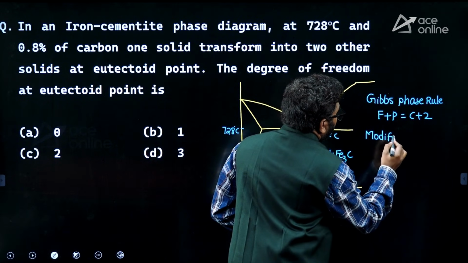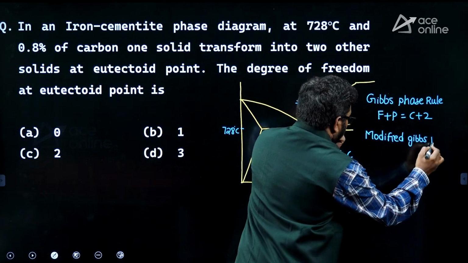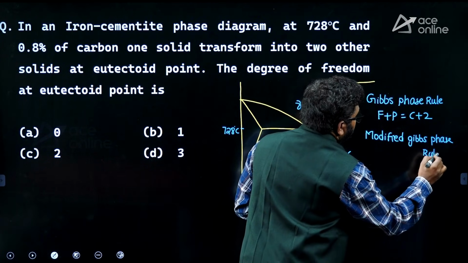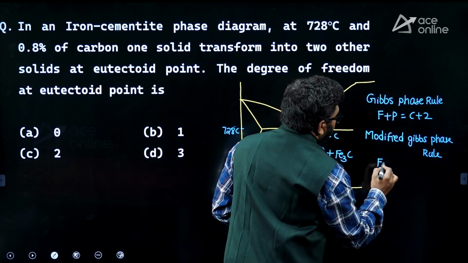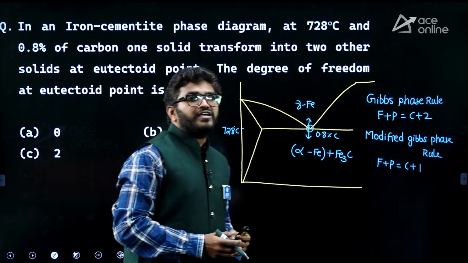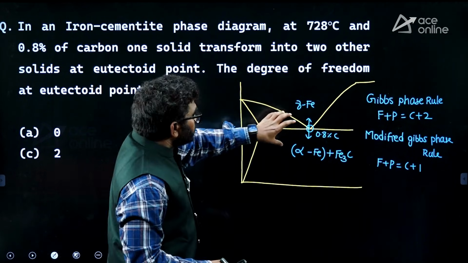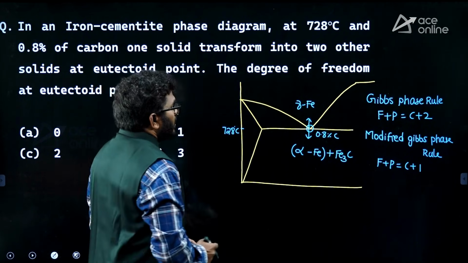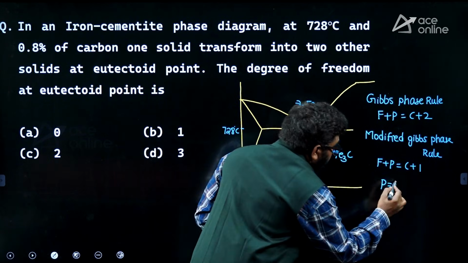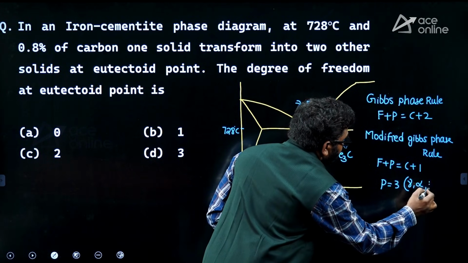In the modified Gibbs phase rule, F + P = C + 1. Why? One degree of freedom we are reducing. Now I am using this concept. Tell me, the number of phases exactly at this point: 3 phases are there, gamma iron, alpha iron, cementite.